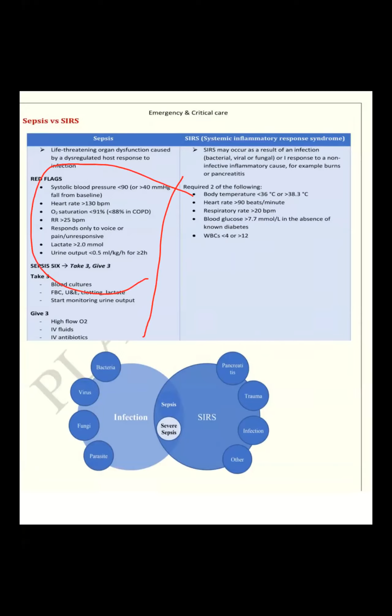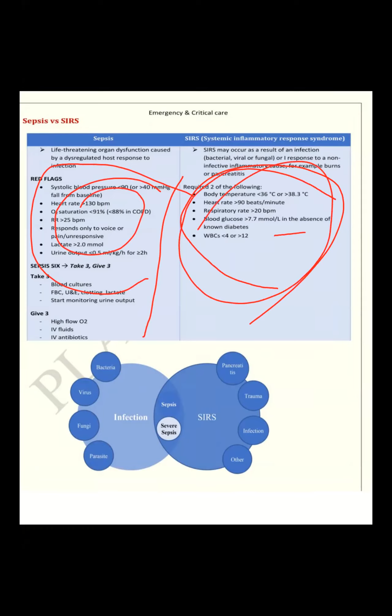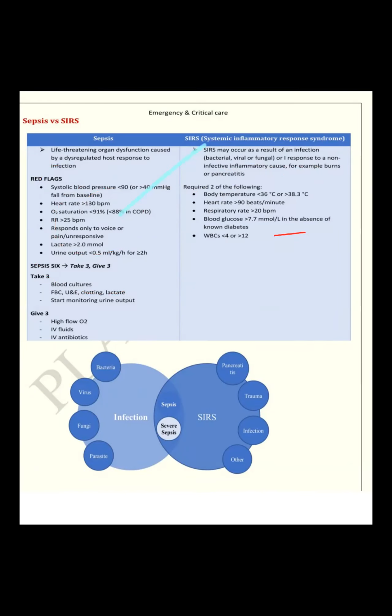If you find one or more, it is sepsis. With organ dysfunction it is septic shock. SIRS means only temperature, heart rate more than 90, along with blood glucose. These are the SIRS presentation. Just remember this very strongly: take 3, give 3 criteria, already discussed.